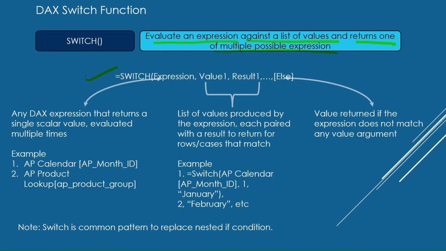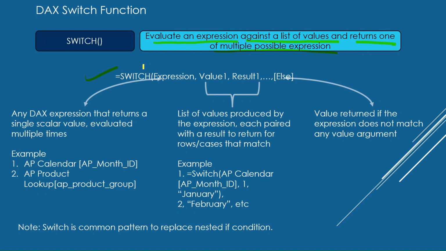Whenever we write the switch function, it will have some expression, and that expression contains a list of values, and when the expression is executed, it will return only one value from the list.